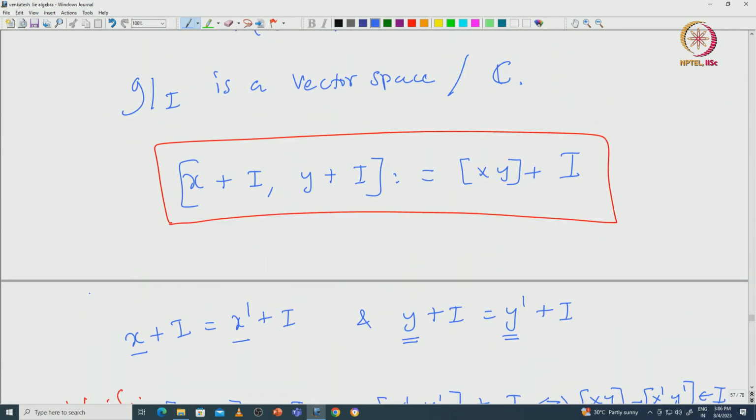Now I leave it to you to check that this bracket is indeed a bilinear map, because it is induced from the bilinear map, so it has to be bilinear. Since the original bracket satisfies skew symmetry and the Jacobi identity, this induced bracket will also satisfy them.